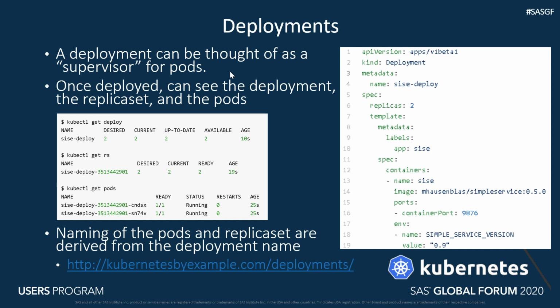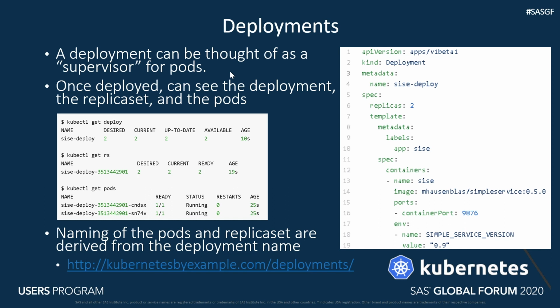Now, one other thing to notice, if you look on that little screenshot here on the left-hand side, notice the naming here. Our top level item, the deployment, has SISE deploy. Our replica set here has SISE deploy and then some random number on it. And then our pods have SISE deploy with the random number, that is the replica set, and then another random identifier after that.